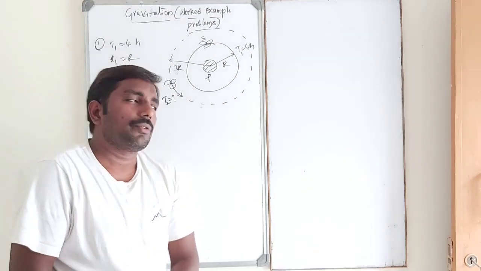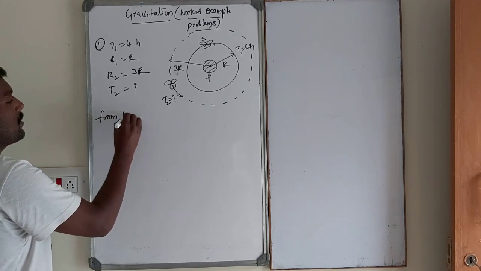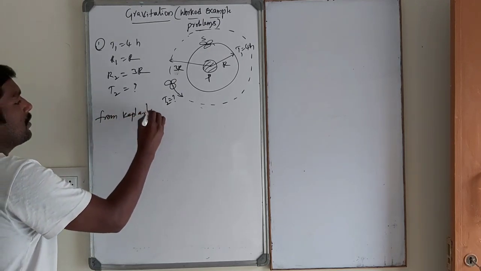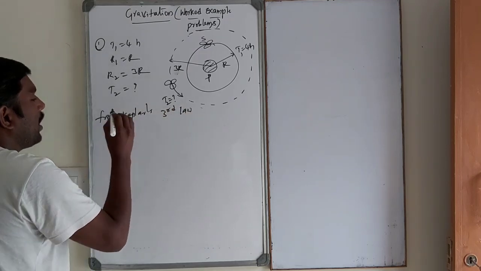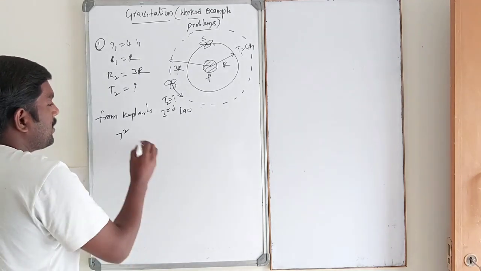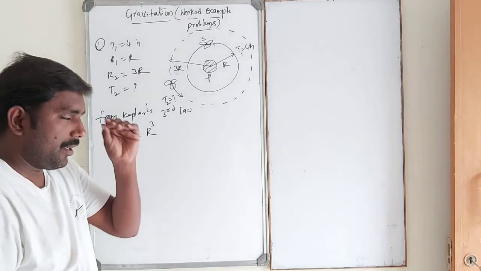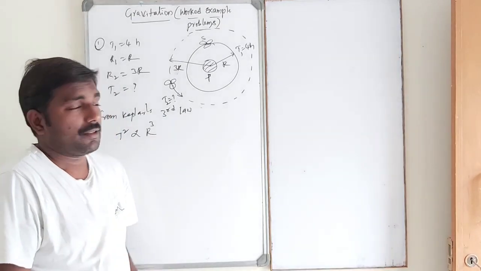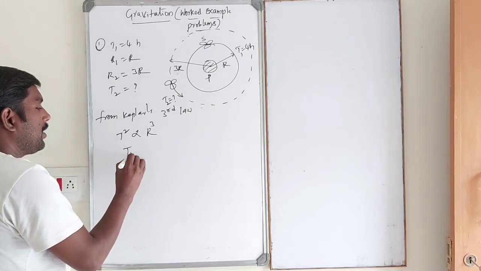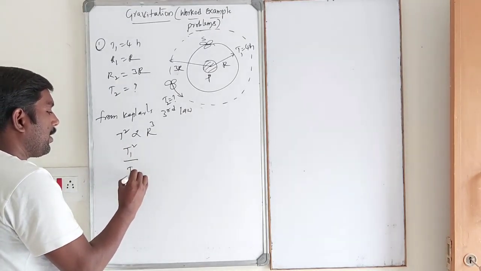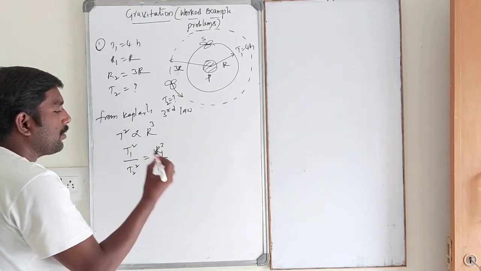So, from Kepler's third law, the square of the time period of the planet is directly proportional to the cube of the radius, or the cube of the semi-major axis. By using this formula, T1 square by T2 square is equal to R1 cube by R2 cube.